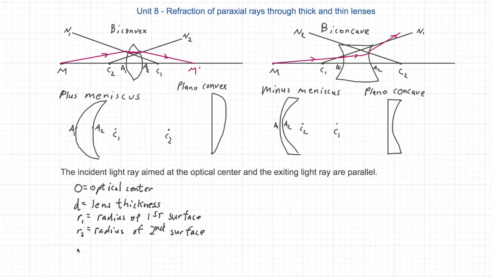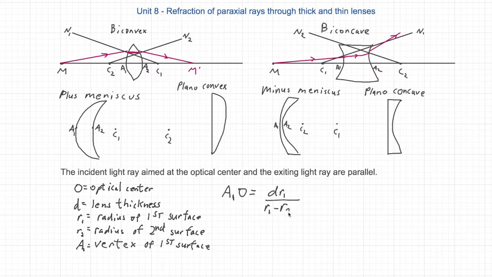Now we can calculate with the following formula how far the optical center is from the first vertex of a thick lens. And the formula is A sub 1 O, that distance, equals D R sub 1 over R sub 1 minus R sub 2.